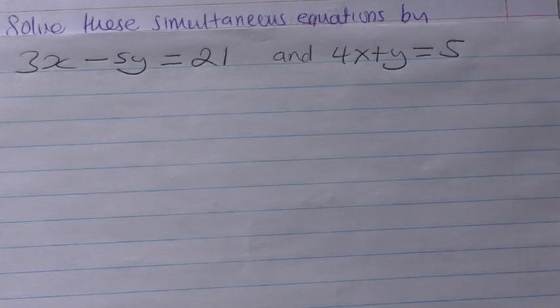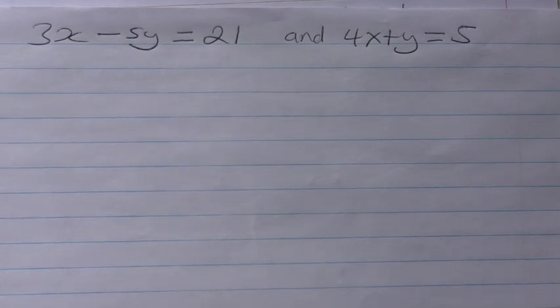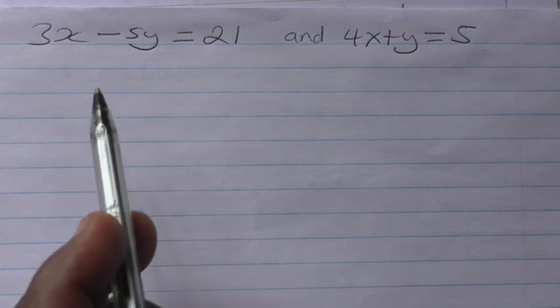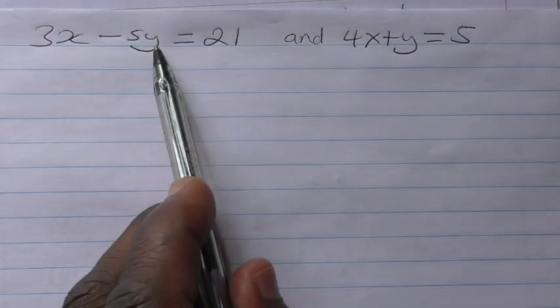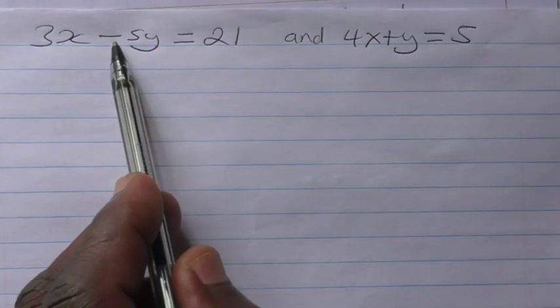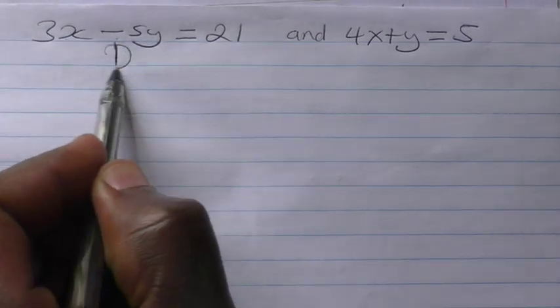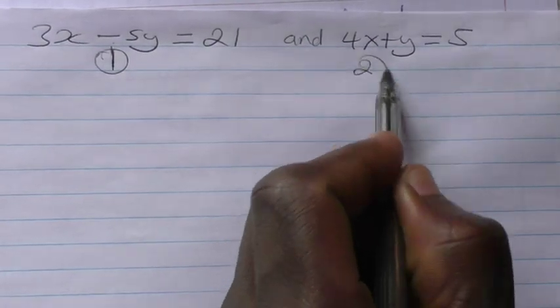In substitution, we've seen that we make one of the unknowns the subject. So I can either make x or y, and I can either use this equation or the other. So let me name this equation 1, this is equation 2.